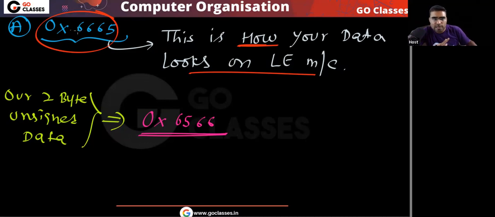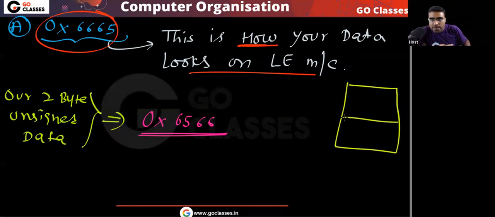Let me explain. The question is saying that this is how your data looks on a little Endian machine. Let's assume this is address 100, this is address 101. Then on the little Endian machine, your data is looking like this.